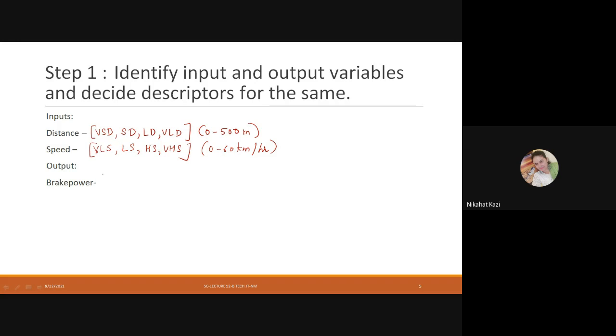And the brake power, again: very low power, low power, high power, very high power. Let us assume that it is in terms of percentage. You can write it in terms of horsepower or whatever is the unit of power, but I'm writing it in terms of percentage.